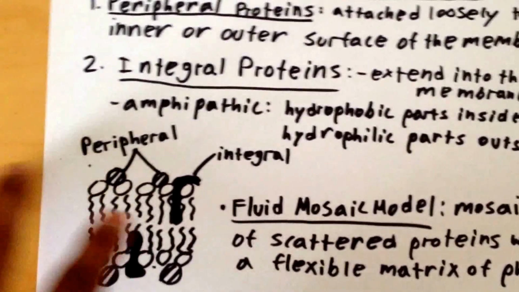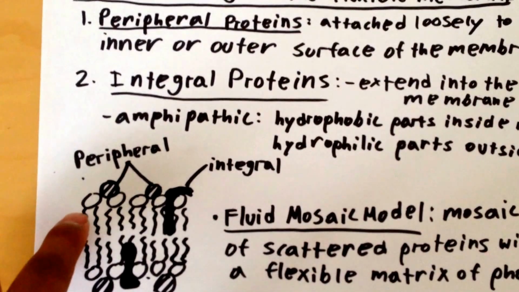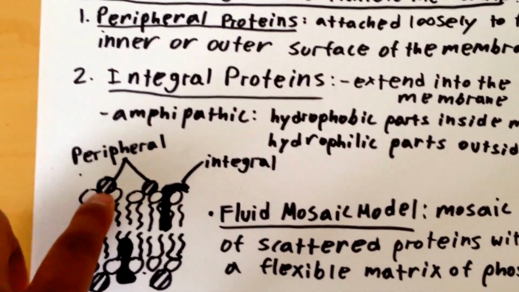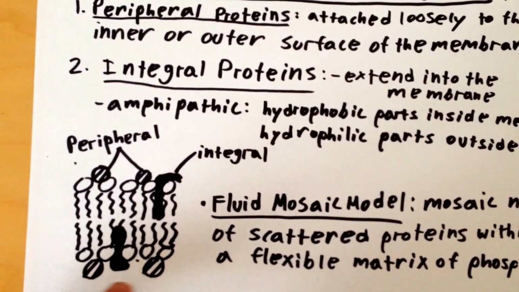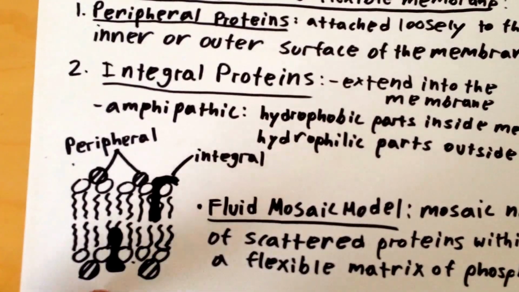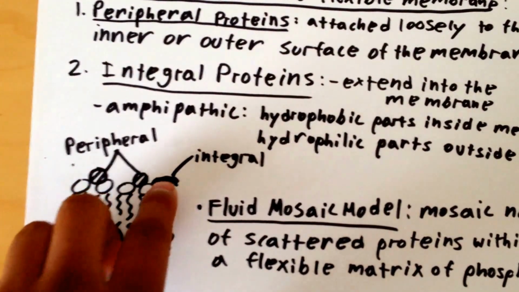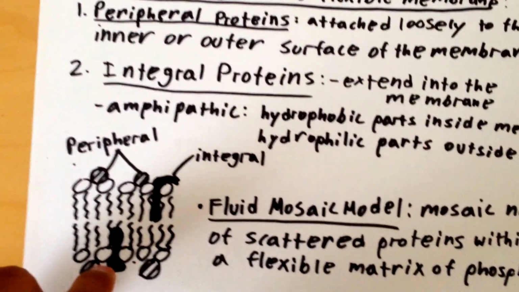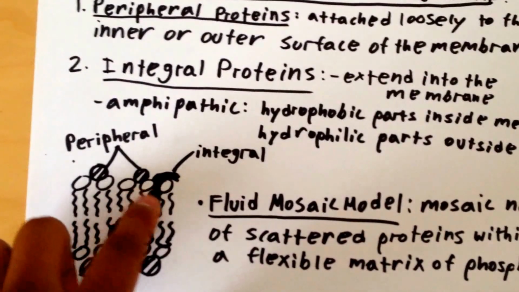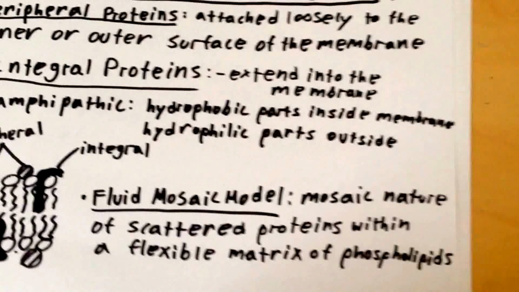Here you have your plasma membrane with the polar heads, non-polar tails. And here are some peripheral proteins. And then you have these integral proteins, and this bump outside would be something hydrophilic, and this that extends inside would be something hydrophobic.